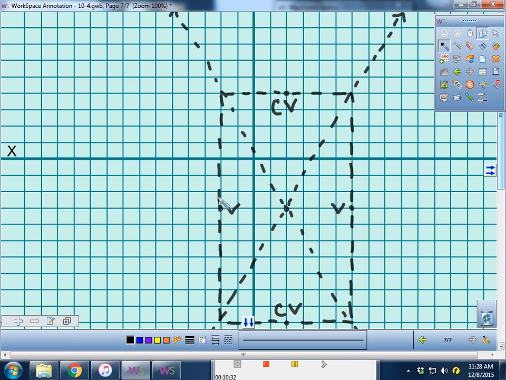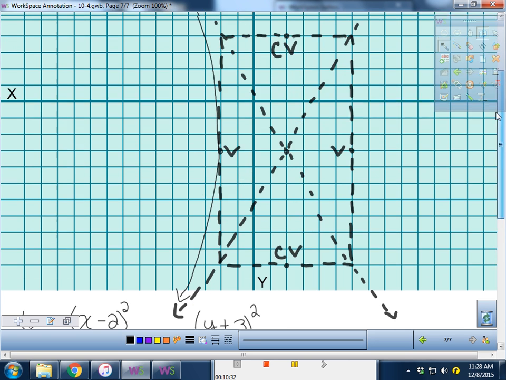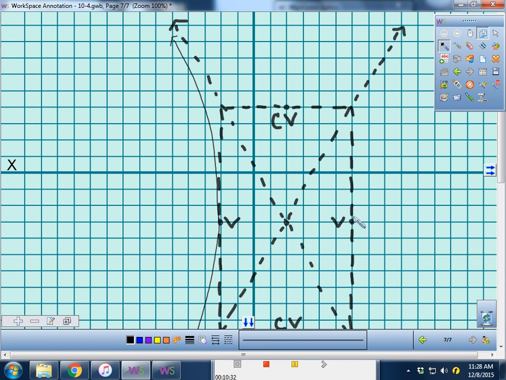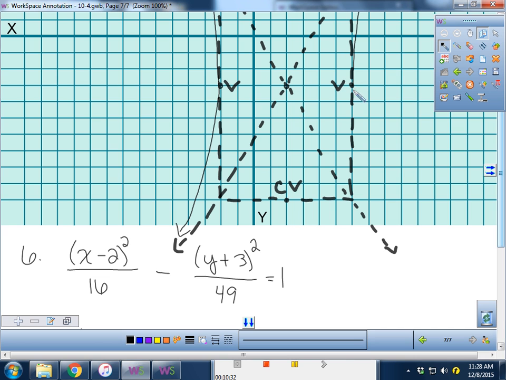So you should start at your vertex and sweep. You're going to do the same thing on this side. Make sure it's rounded. It's just so hard to draw these on here.